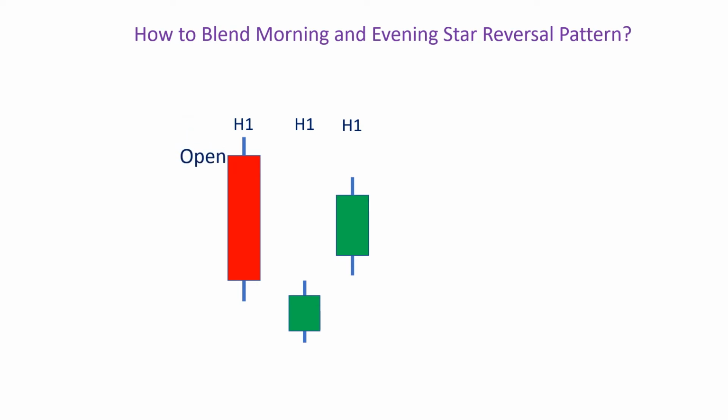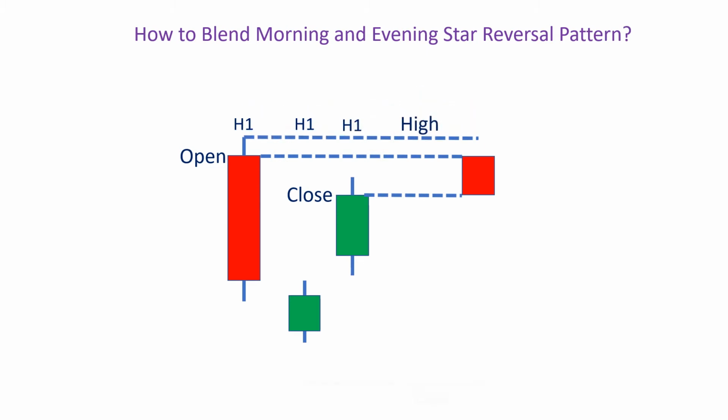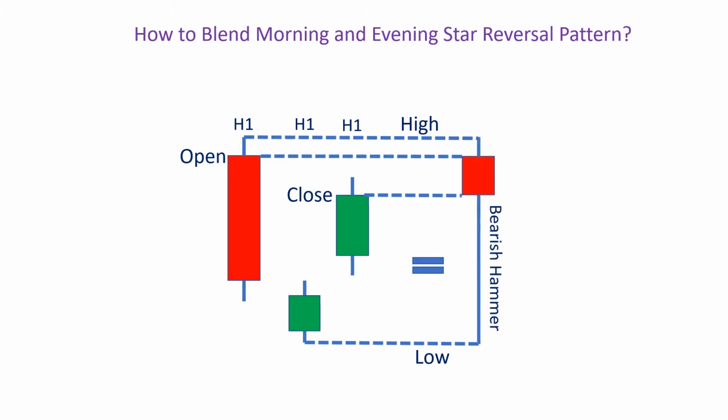We take the open of the first candle, we take the close of the last candle, then we take the portion between open and close, and then we take the high and the low of the pattern, and the outcome is going to be a bearish hammer with H3 time frame, and this is morning star reversal pattern.